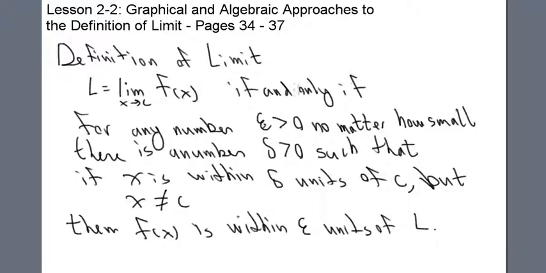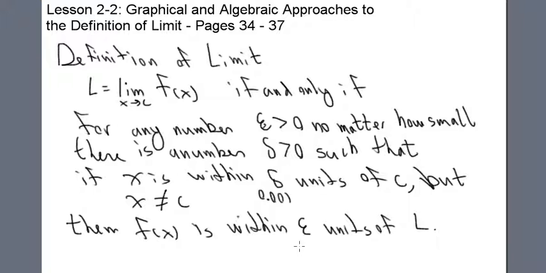Now, it says if we have a number epsilon greater than 0, a number delta greater than 0, we're not plugging in c to x, we're saying x is within delta units of c. So delta is a really small number. Let's say, assume delta is 0.01, or 0.001, 1,000th of a unit away from c. Then we know that f of this x is within epsilon units of L.